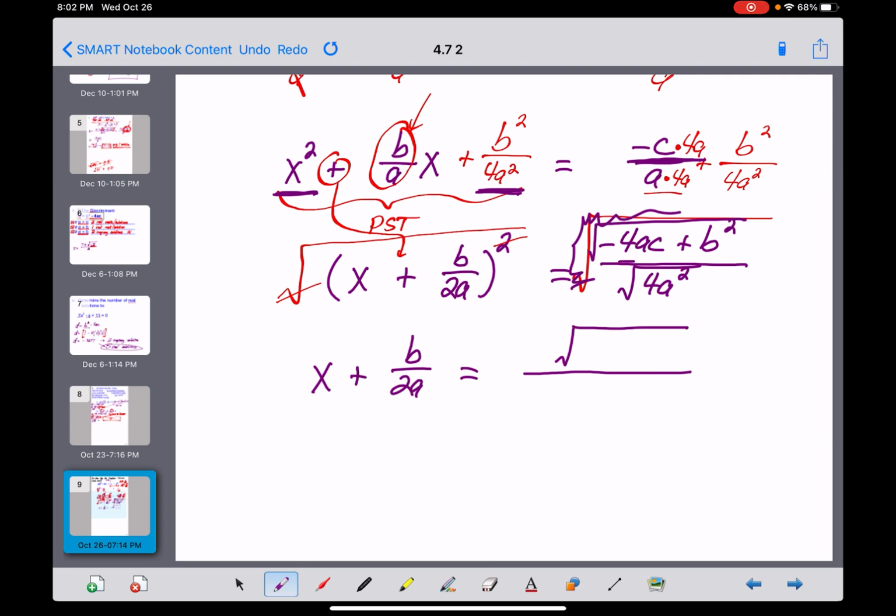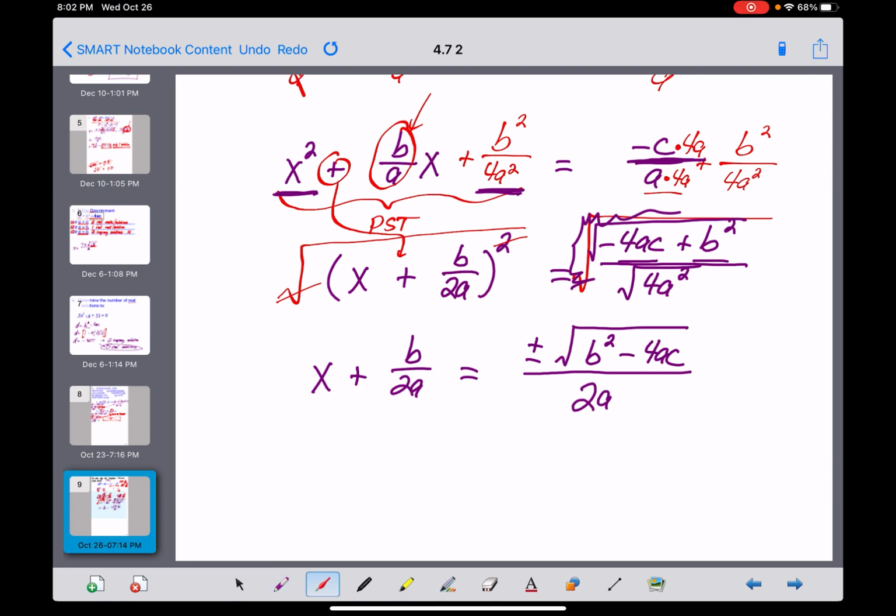Instead of negative 4ac plus b squared, I'm going to make that b squared minus 4ac. And wait a minute, anytime we put a square root there, there should be a plus or minus out in front of that. Down in the denominator, this is cool, 4a squared is a perfect square. Its square root is 2a.